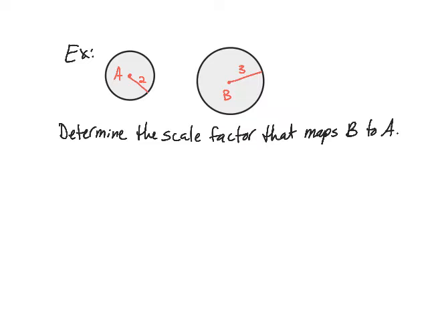It's just the ratio. And remember, it's end over beginning, so I'm ending at A, it's going to be A over B, or the radius of A over the radius of B. So in this case, it's going to be 2 over 3. That would be the scale factor to move circle B to circle A.